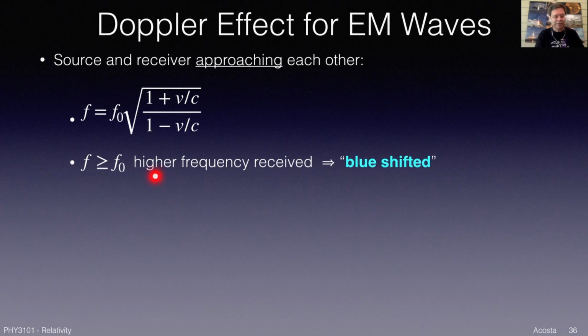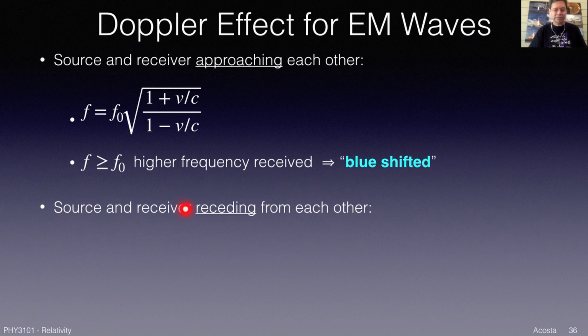And here's the same thing. If the source and receiver are approaching each other, f is greater than f naught because we've chosen the negative in the denominator and plus in the numerator. So it's 1 plus v over c over 1 minus v over c. And if you go to higher frequency, if it were light, you tend to go to the blue end of the spectrum, higher frequency. So we call that blue shifted if the source or receiver are approaching each other. Frequency goes up.